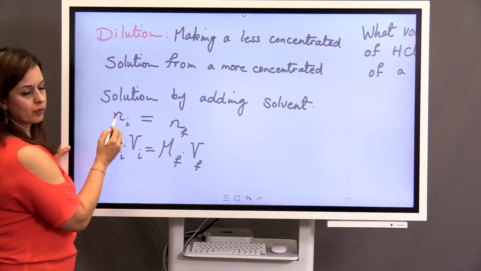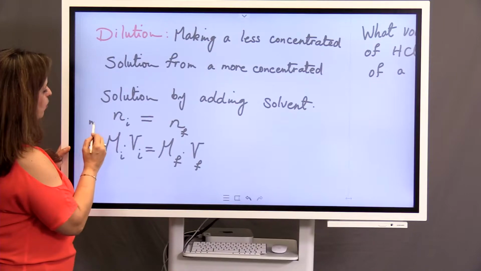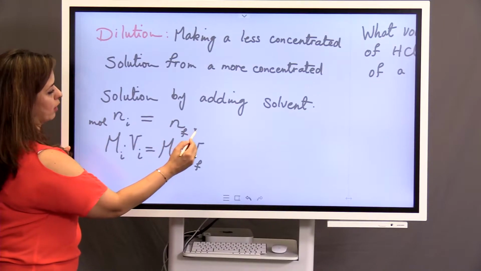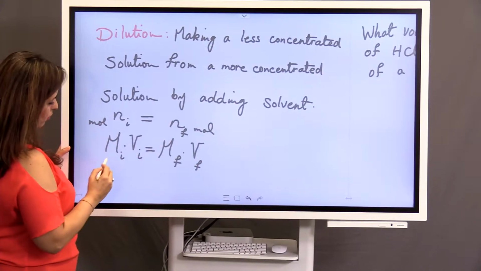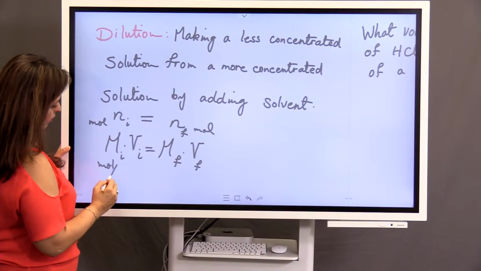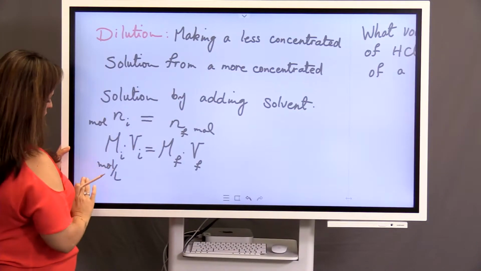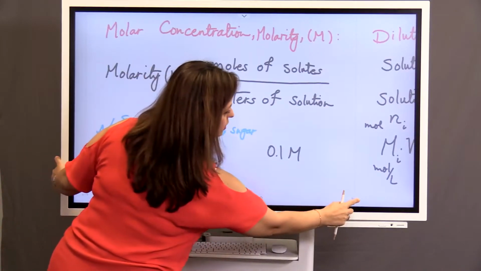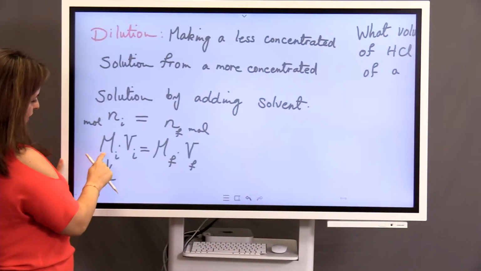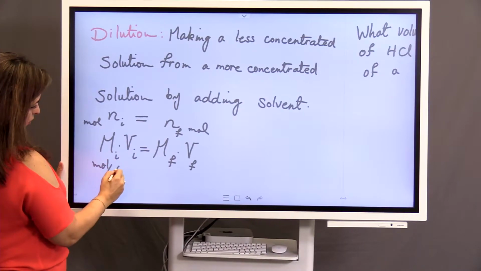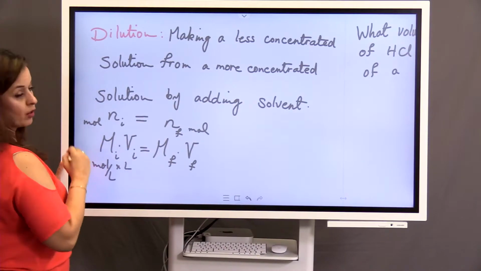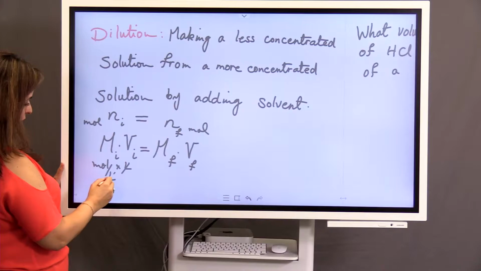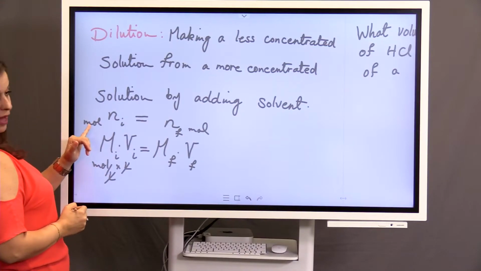Why molarity? What is the unit for mole? Mole, right? MOL. Molarity is moles per liter. You have it in the previous slide, moles per liter. So whenever you have molarity, you have moles per liter, and the unit for volume is liter. When you cancel liter and liter, you will end up having mole.